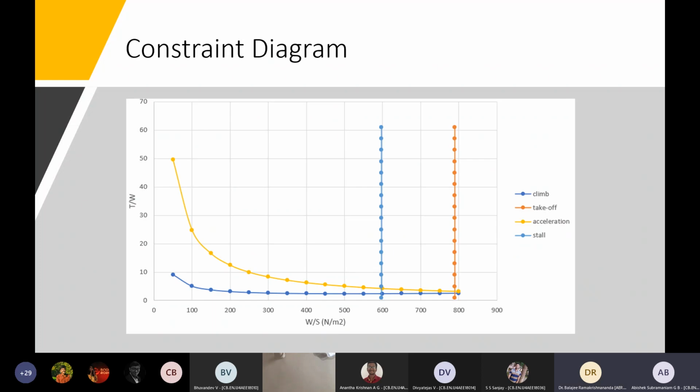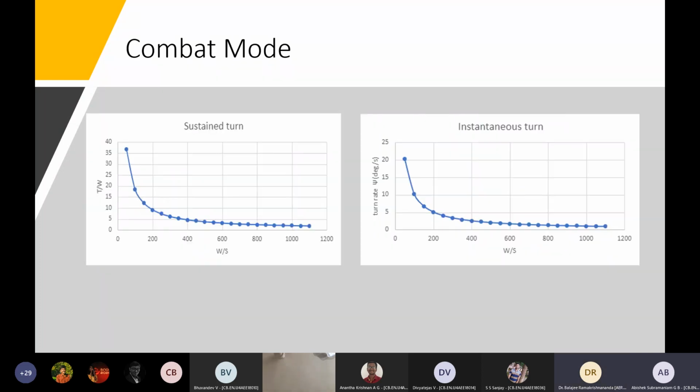Yeah. Continue. In instantaneous turn, we actually got only the turn rate and wing loading graph. We have been slightly stuck in that. We didn't get the thrust-to-weight ratio and wing loading graph. So I'm telling you, it's not necessary. Instantaneous turn, yeah, that's why I'm telling.